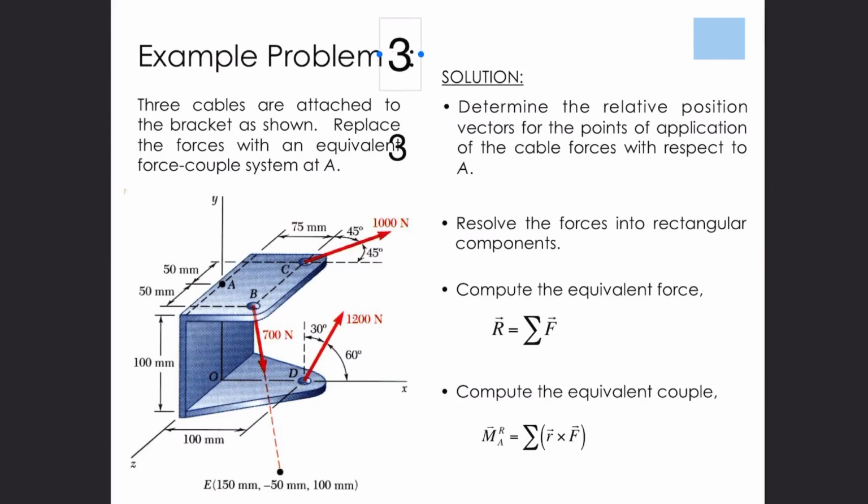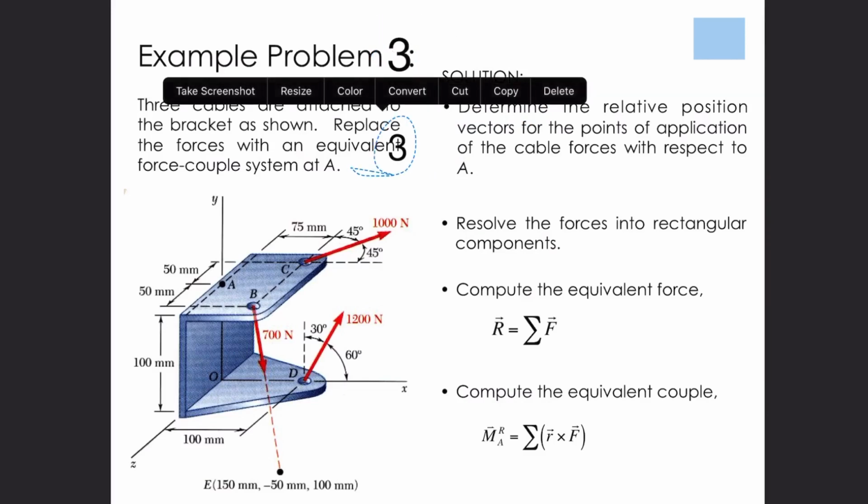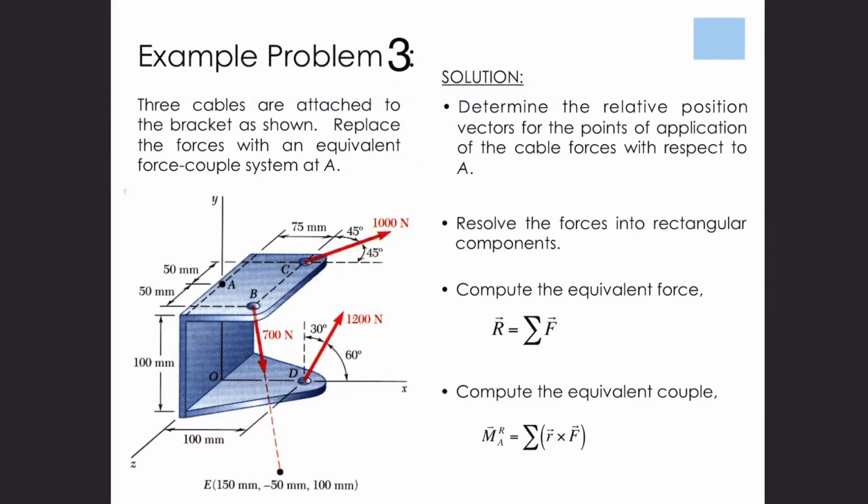Sample problem number 3. So, muna ito ang system of forces. Tulo ka cables attached to the bracket. Itong bracket, 3 cables, 1,000, 1,200, and 700 newtons, located at B, C, and D are attached to the brackets.